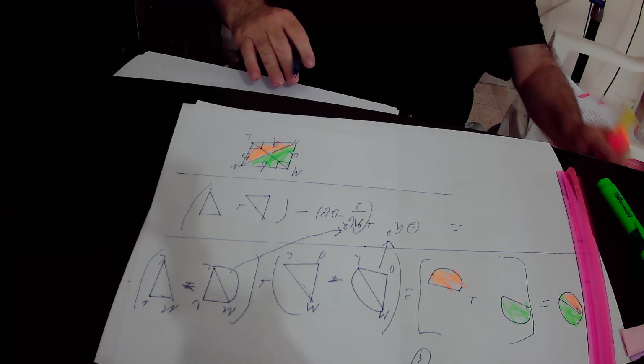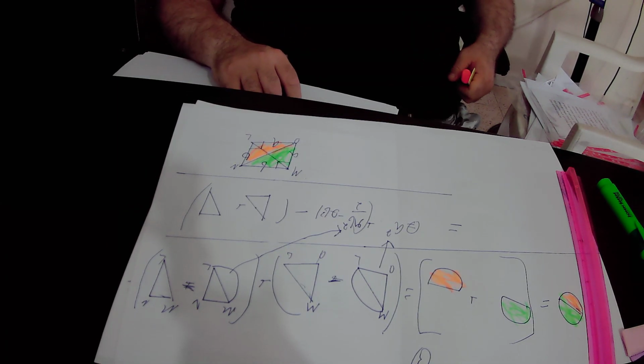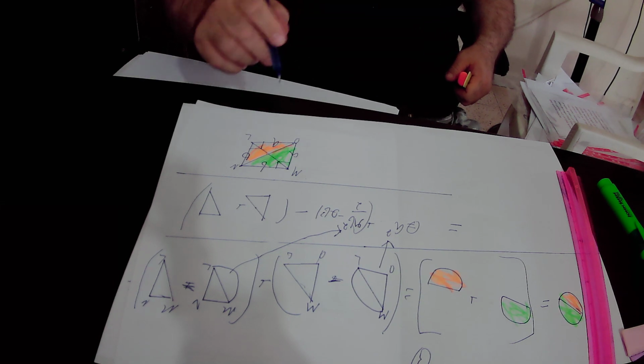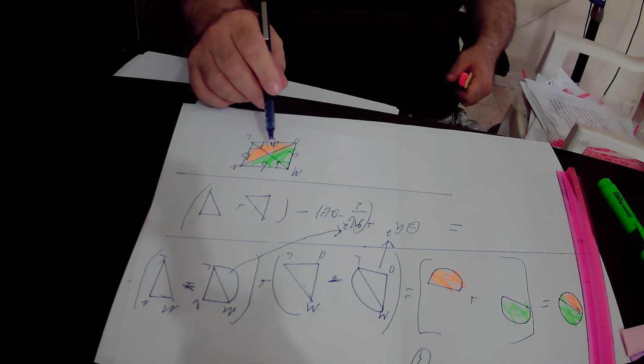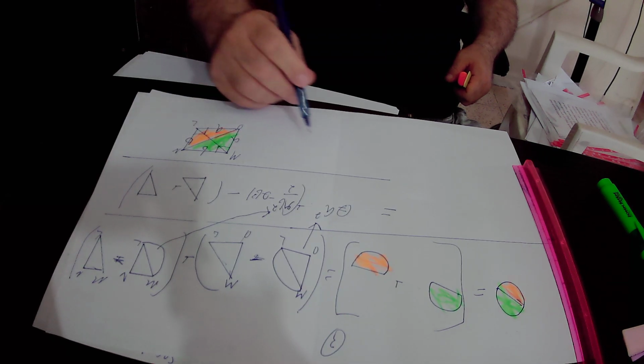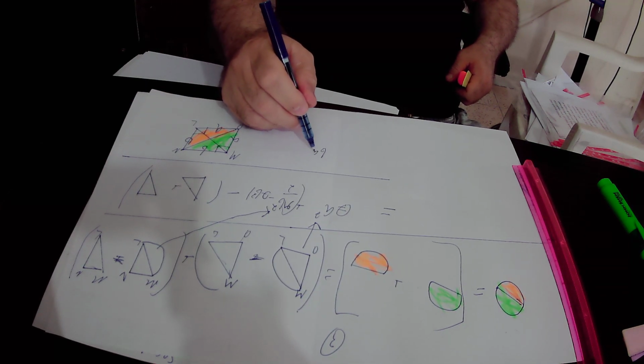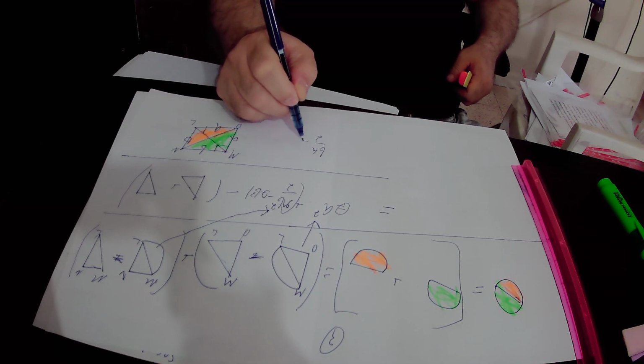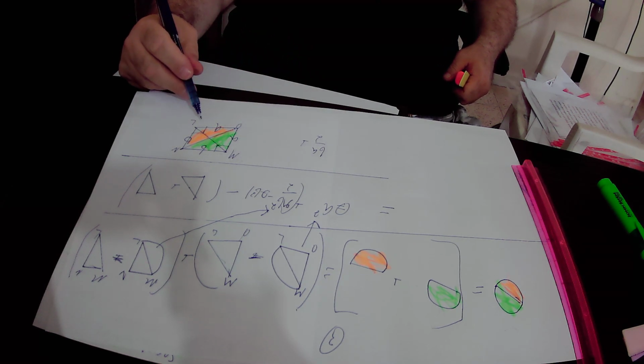So the area of the green right triangle MON equals the base of the triangle, that is B, times the height to the base, that is A, over 2. So it is B times A over 2, plus the area of the orange right triangle OLN.